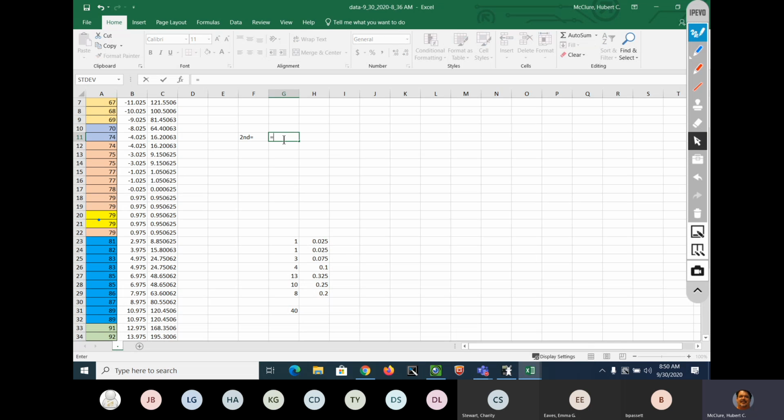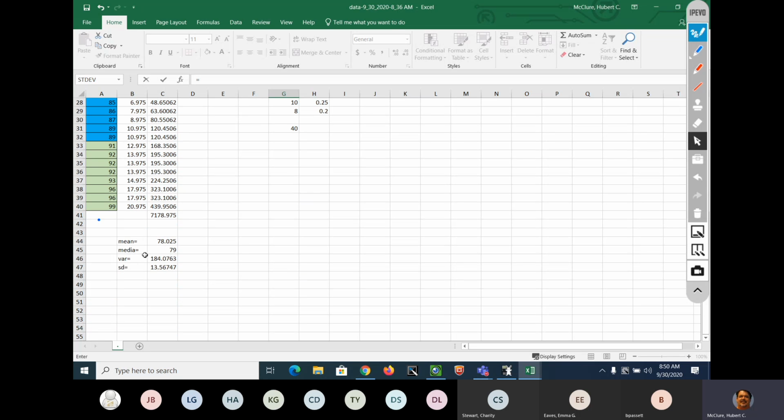If it just gave me the data and told me to do everything, it would have been a whole lot easier to do that. First quartile is equal to parentheses 70 plus 74 divided by 2. And the median is this guy.